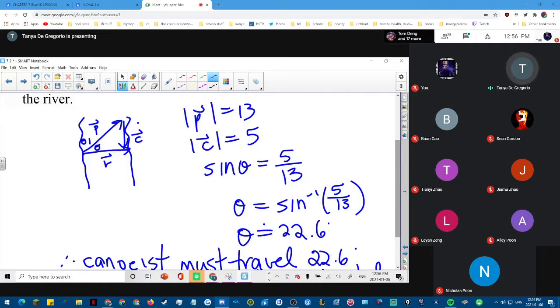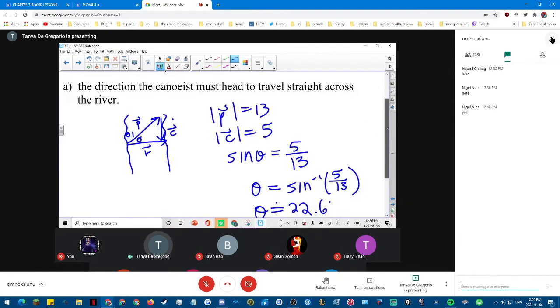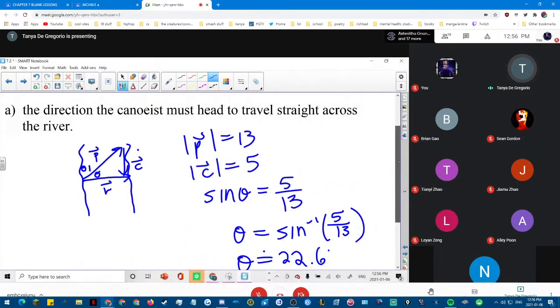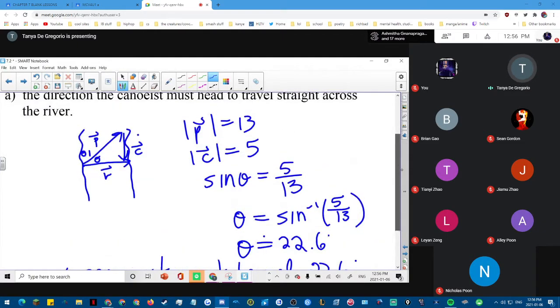Now in this case here, if you wanted to, you could use your theta 1, which would be 67.4 degrees upstream. So that would be okay in this case. And the reason is because you're giving it with respect to a location. So with respect to the riverbank, right?